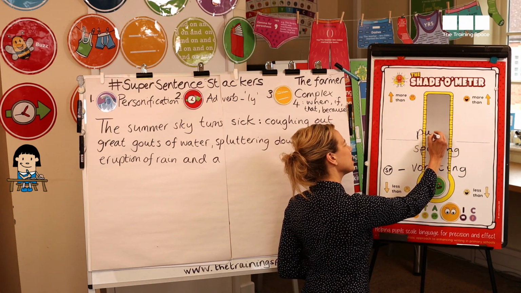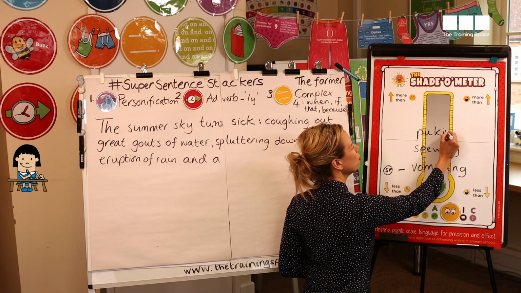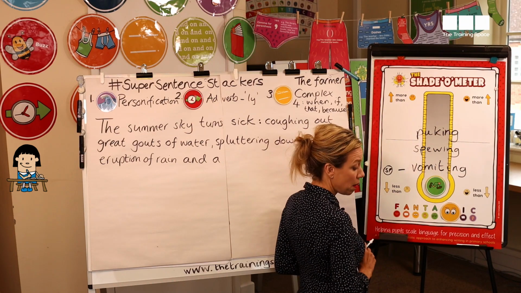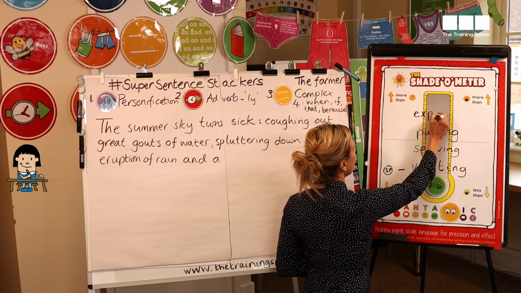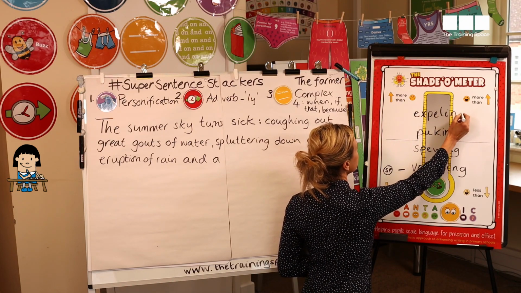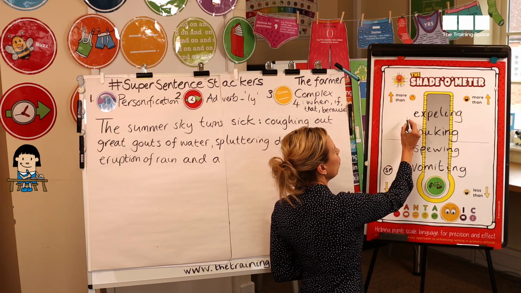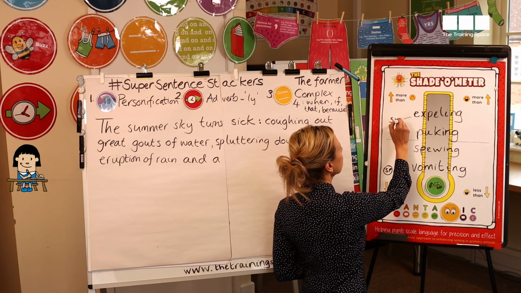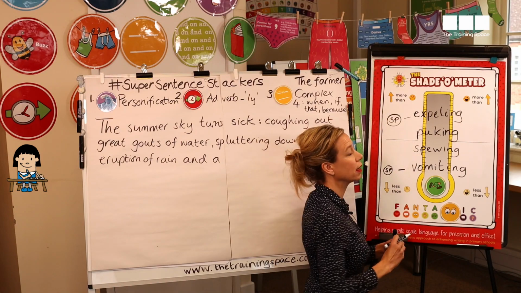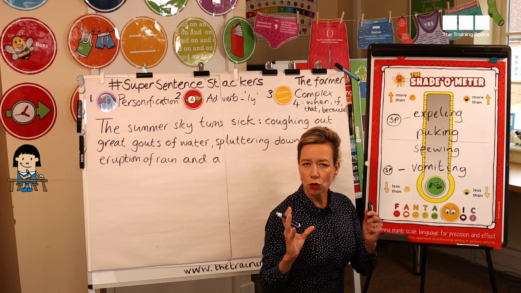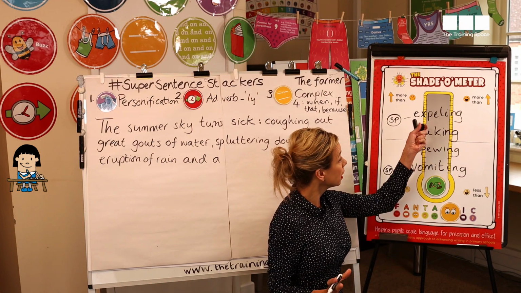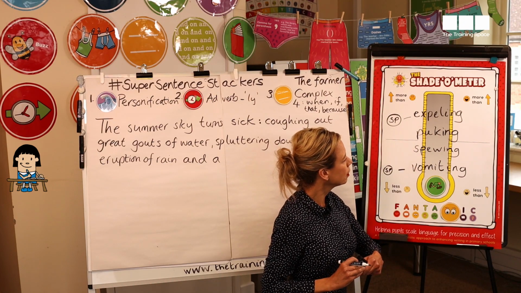Puking, maybe that's a bit informal, puking, don't mind it. Expelling. Expelling. Now here's another word. Does it have two L's or not in expelling? Be a brave speller. You can just keep a little note and check later.